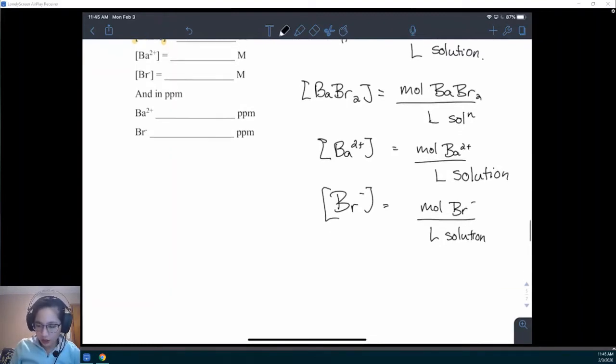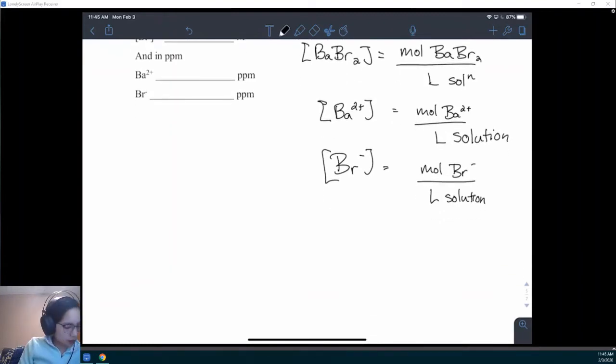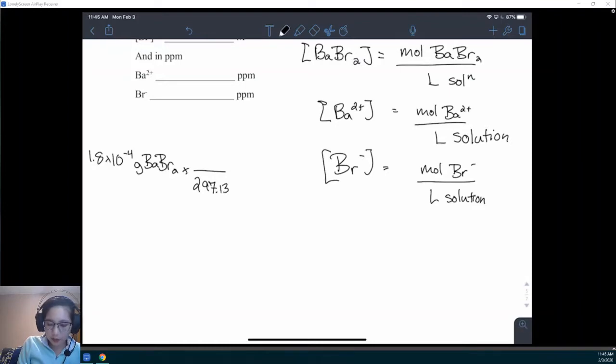So the first thing I'm going to do is convert grams of barium bromide into moles of barium bromide. So to do that, 1.8 times 10 to the negative 4 grams of barium bromide. Use the molar mass, 297.13 grams is 1 mole of barium bromide.